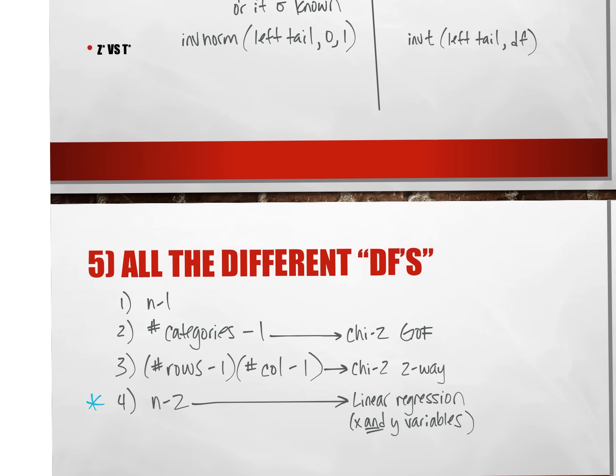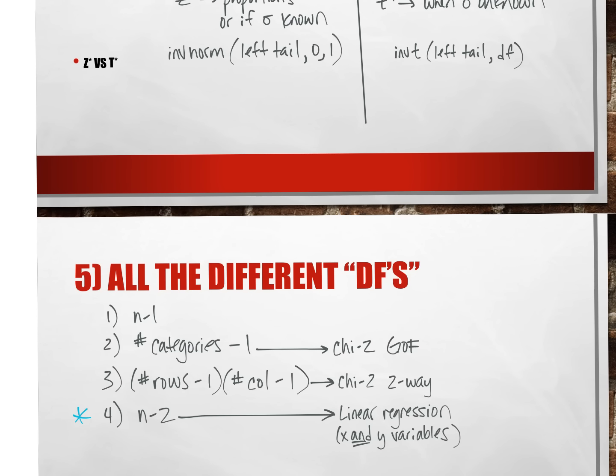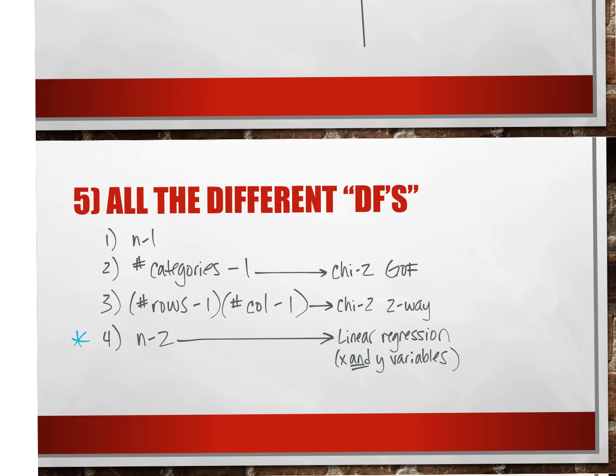Okay, speaking of degrees of freedom, see how I led right into that? For the inverse t, it's going to ask you for degrees of freedom. So what are all those degrees of freedom? First of all, use n minus 1. Remember, the calculator will give you a more accurate degrees of freedom, and depending on if it's a 1 sample or a 2 sample, the calculator will give you a different one.